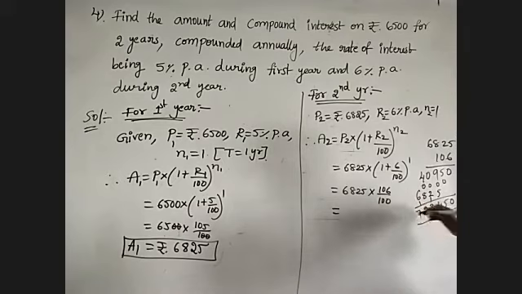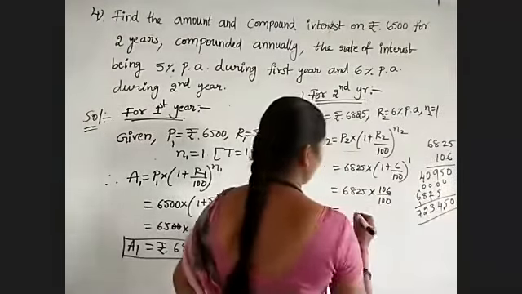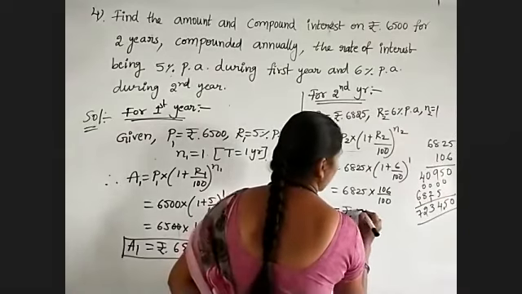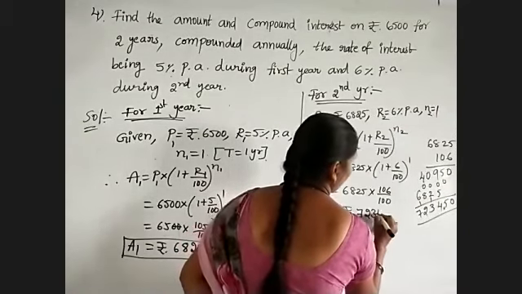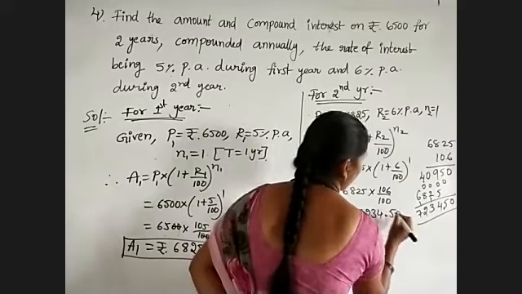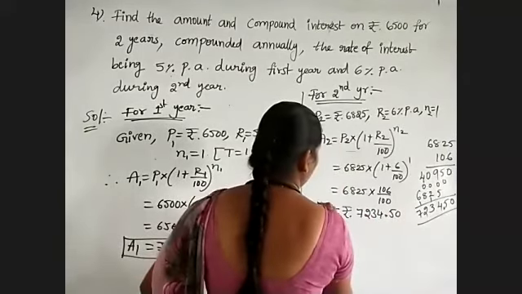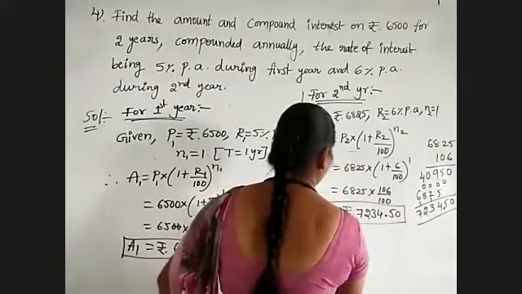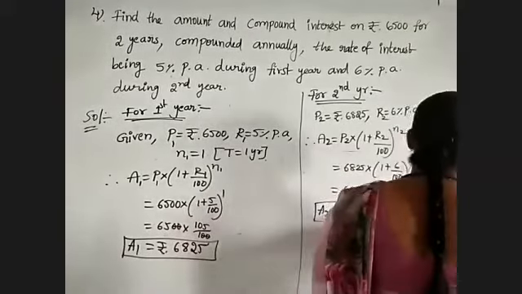And since there are 2 digits before the point, so 7,234.50. 7,234.50 is the amount, the complete amount he needs to pay.